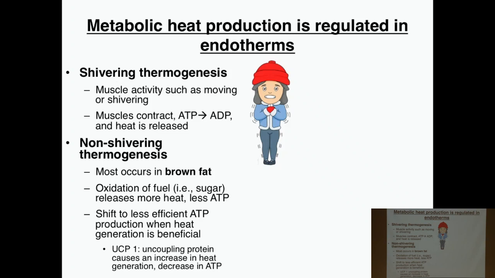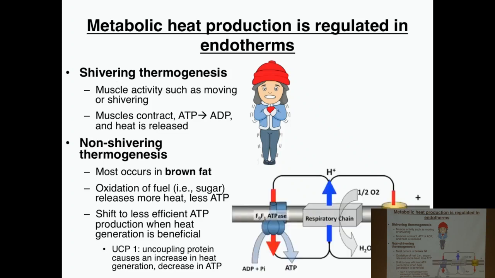Normally the oxidation of fuel and the generation of ATP through aerobic respiration takes a lot of energy and it produces a lot of ATP. If you bypass ATP production, you can instead shift the balance to make more heat. This is a less efficient form of metabolism relative to ATP production, but it's more efficient in terms of heat production.